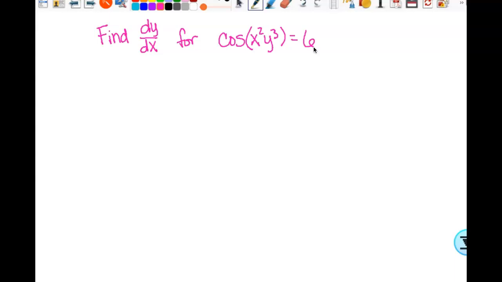Okay. So, I'm going to give you a second. I want you to at least attempt, and not wait for me, get the first step done. What kind of rules are we going to have to use here? Chain and product. Bless you. And we got some y's in there, so we also have to do the implicit, right?